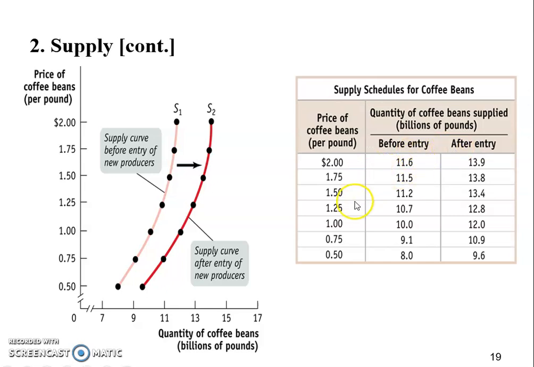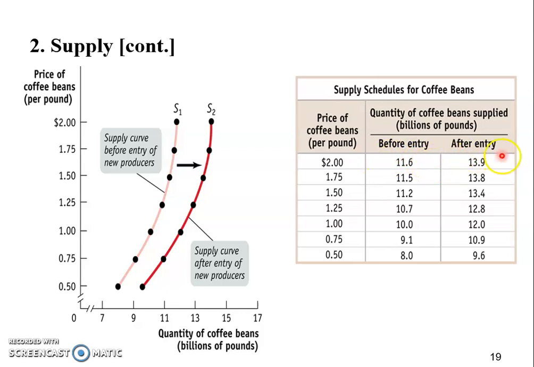As you can see, we still look at these 7 different price levels, as low as 50 cents per pound, as high as $2. And the before entry column is what we saw before, when we derived the supply curve.